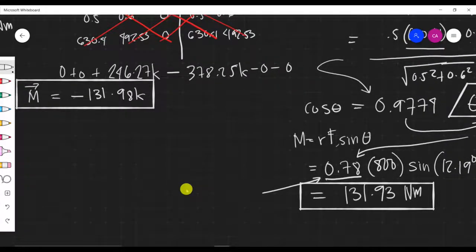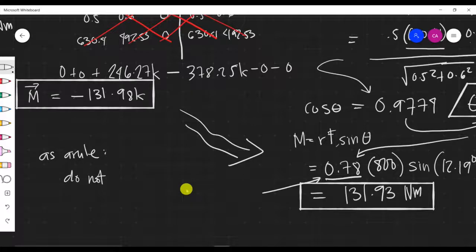Para as a rule, pero similar lang yan ha. Pareho lang yung lalabas sa sagot yan, dapat. Pwede nyong i-try pagkatapos ng klase natin. As a rule, do not bawas decimal.